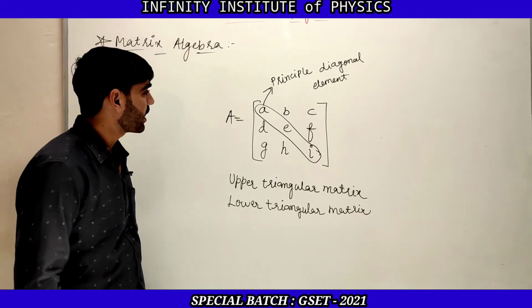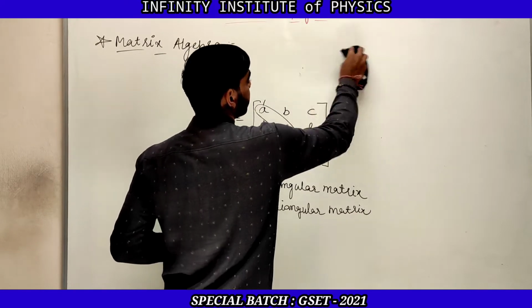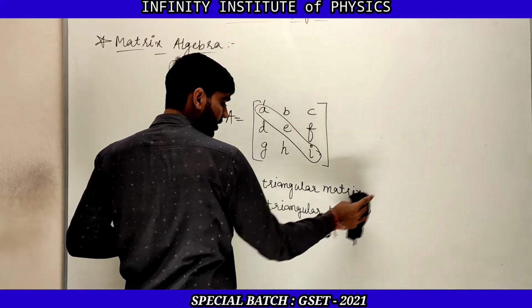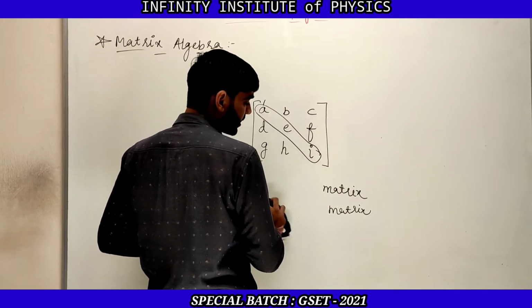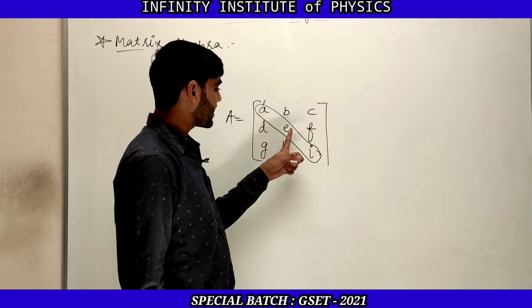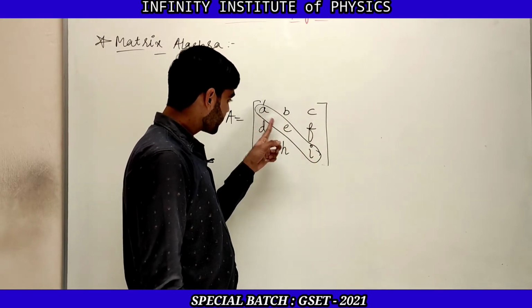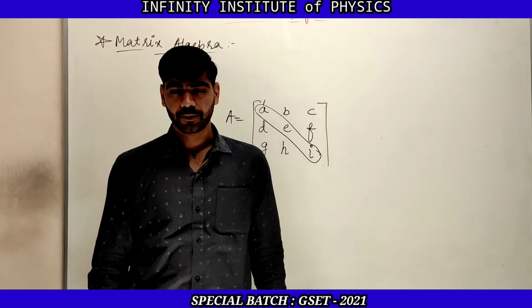Then the next type is the diagonal matrix. What do we mean by a diagonal matrix? A matrix is said to be diagonal if all the entries other than the diagonal are 0. That means except A, E, I, all the entries above the principal diagonal and below the principal diagonal are all 0.